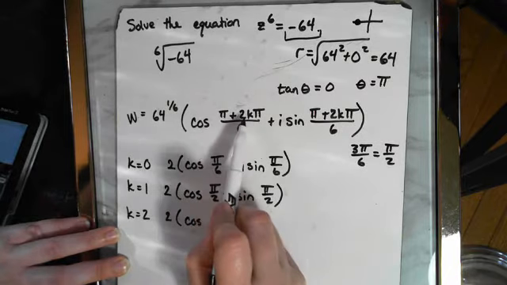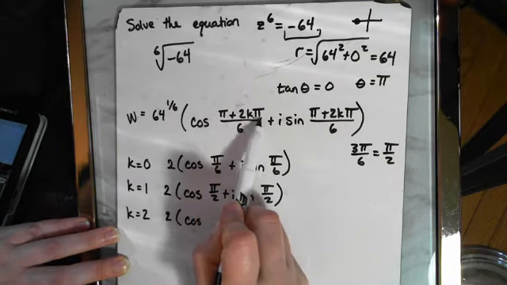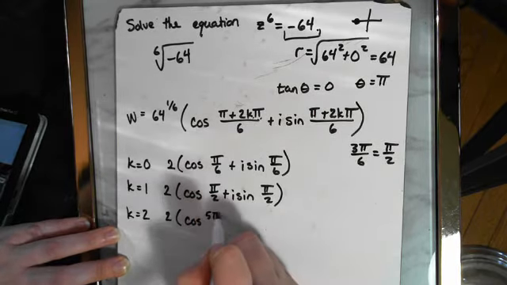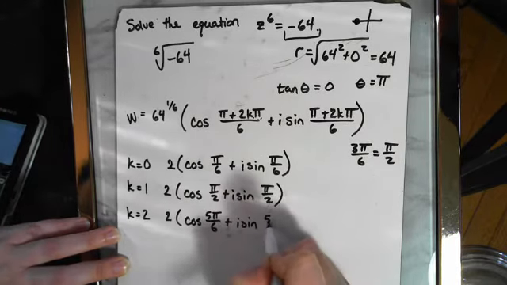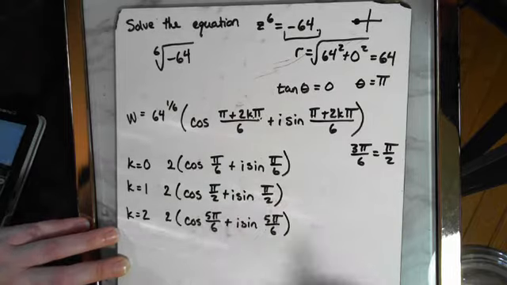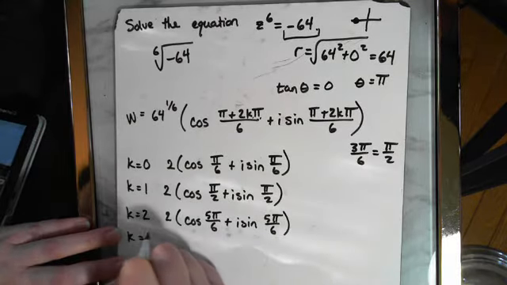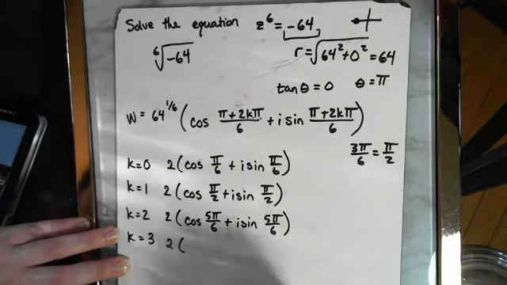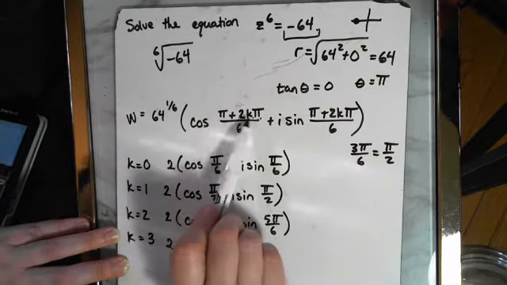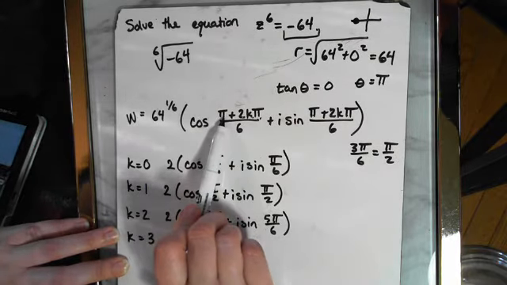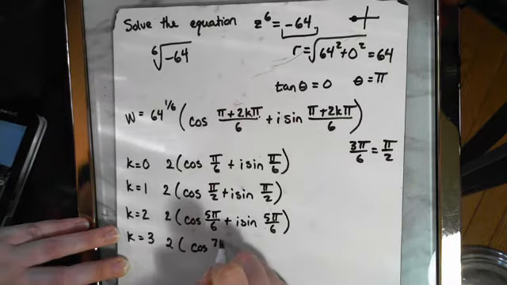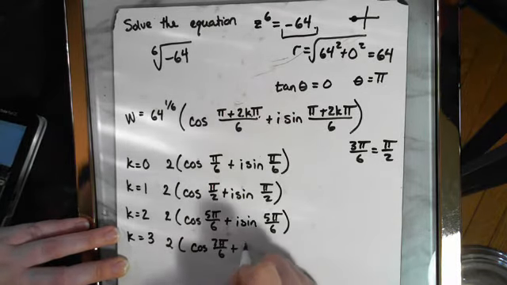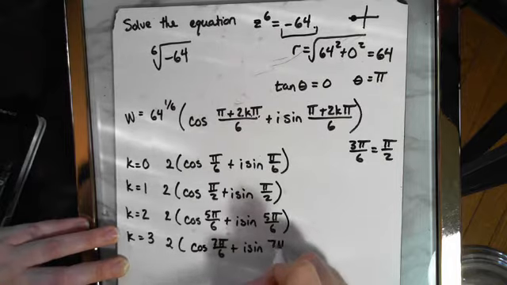Now this is going to be pi plus 4 pi, which is 5 pi over 6, plus i sine 5 pi over 6. For k equaling 3, I have 2 times. This would be 6 plus 1 pi is 7 pi over 6, plus i sine 7 pi over 6.